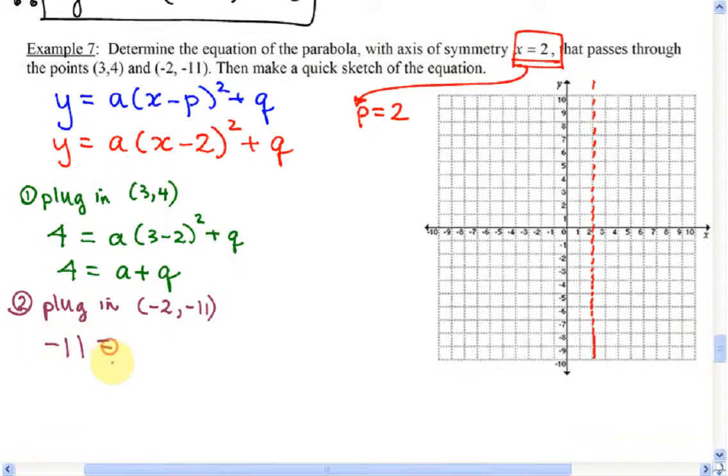So negative 11 equals a(negative 2 take away 2) all squared plus q. Negative 2 minus 2 is what? Negative 4. Negative 4 all squared is 16, you bet. So 16a plus q equals negative 11.